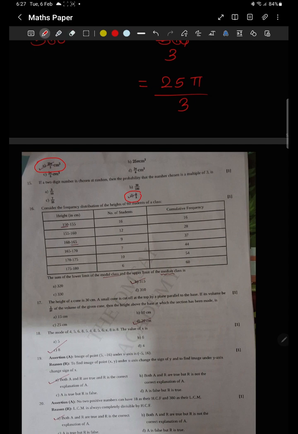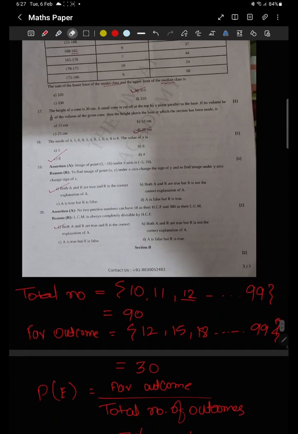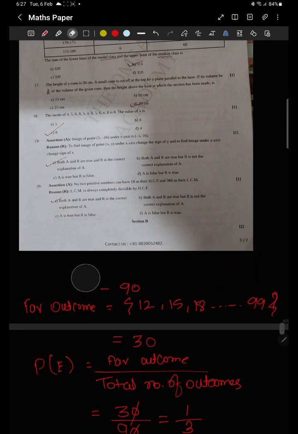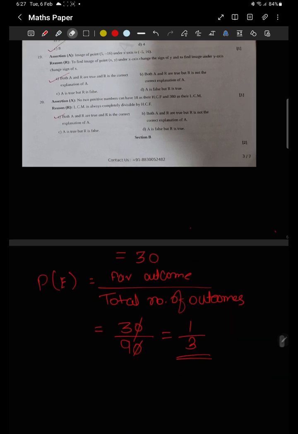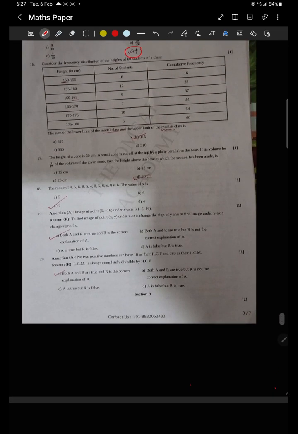So we will move towards question number 16. Consider the frequency distribution of the heights of 60 students of the class, where heights are given as classes, with number of students as frequency.